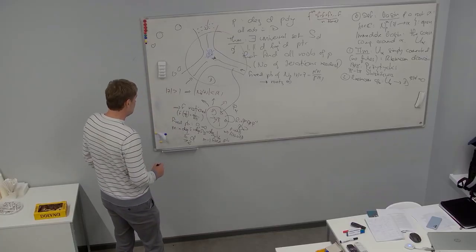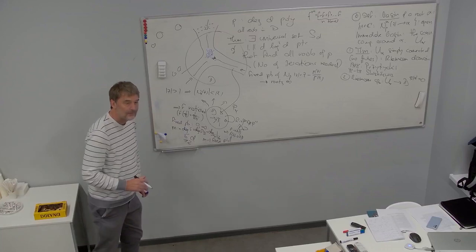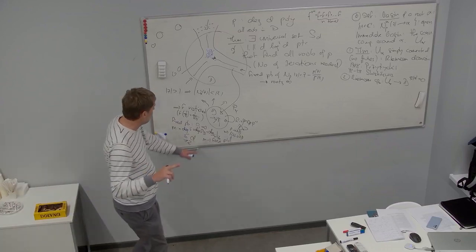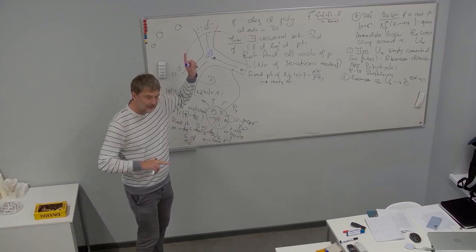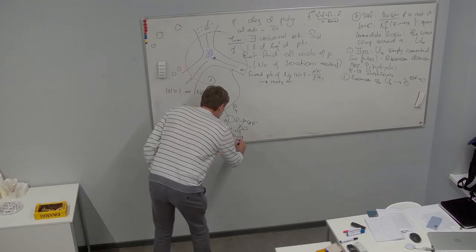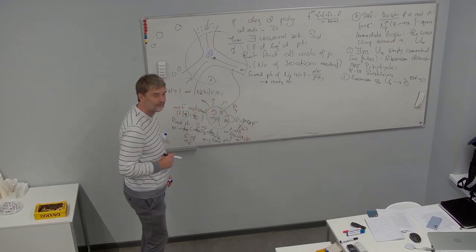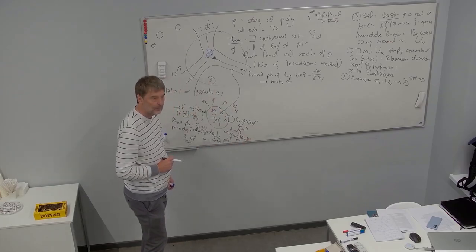Okay? So we have m plus 1 fixed points overall. Two fixed points we already know: one is at 0, one is at infinity.